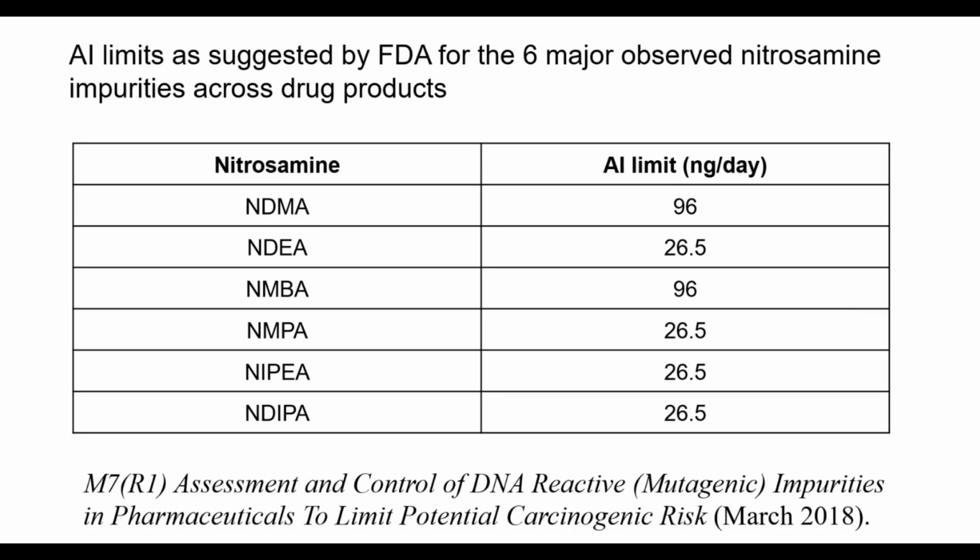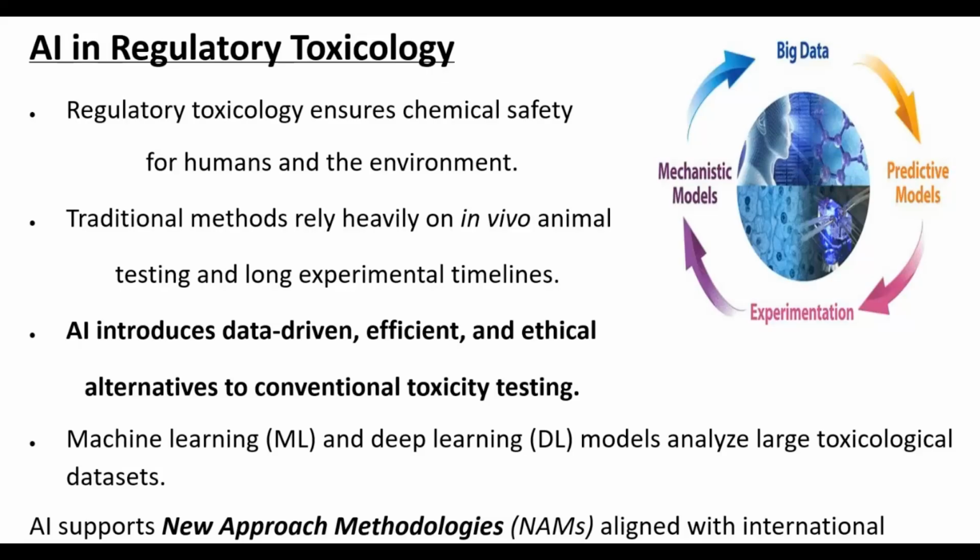If 2 or 3 nitrosamines are present simultaneously in the drug product or drug substance, the acceptable limit for each nitrosamine is separate and the risk assessment criteria are separate. So one should be aware of these limits and the risk assessment process, because it's a major part of regulatory toxicology.